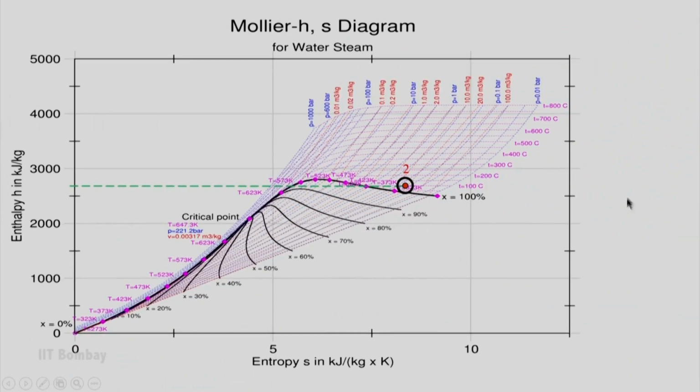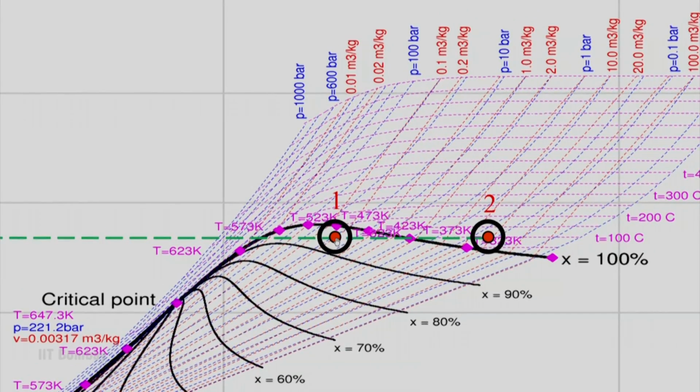So this is where my state 1 lies, and corresponding to this state 1, I can read other properties like x and also the temperature. You can see the temperature being somewhere around 423 Kelvin, and also I can see that x could be somewhere between 90 to 100, let us say around 95%. So I can get all the properties from this diagram.